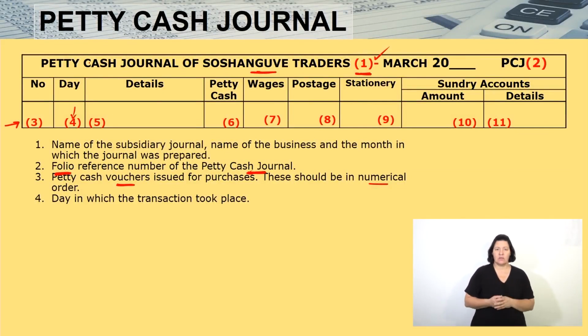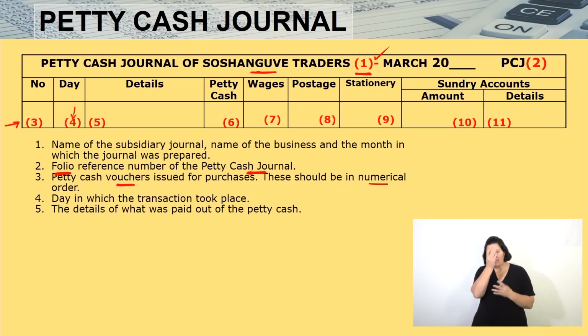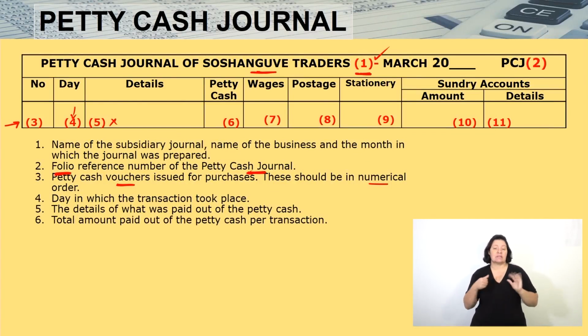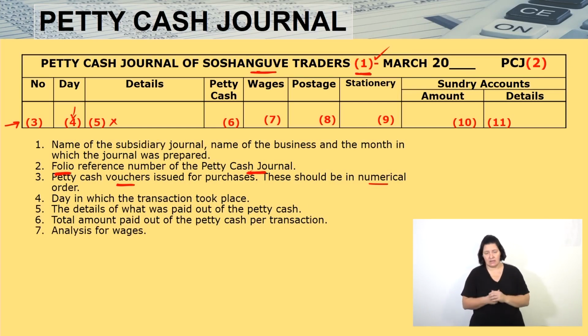And then on number five, the details of what was paid out of the petty cash. So if we're buying postage stamps, on number five we'll write postage stamps. So the details of what was paid. And then in number six, the total amount that was paid out of the petty cash on that particular transaction. In number seven, we will record the analysis for wages.